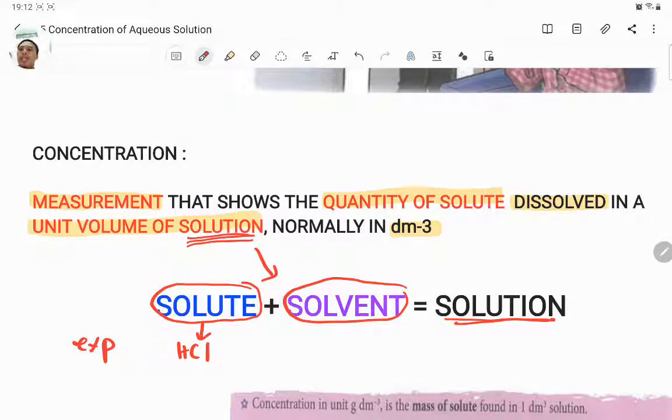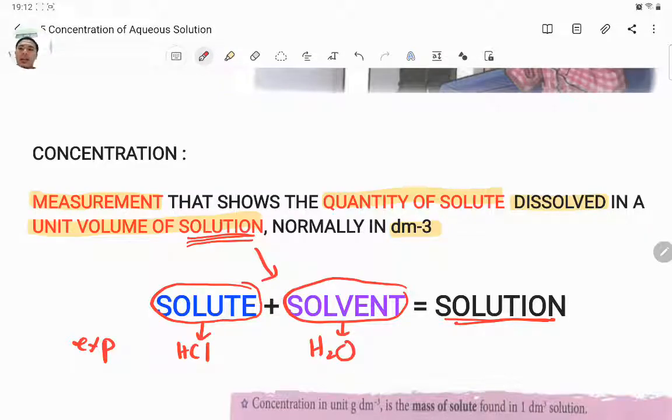When hydrogen chloride dissolves in water, what happens to the molecule? It will ionize and produce hydrogen ion. So we can say that our solvent is water, H2O. That's why we have organic solvent, during subtopic 1, role of water.